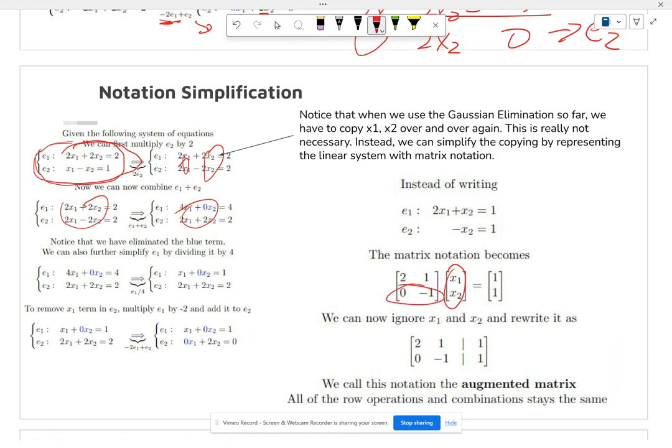Now, since we know x1 and x2 are always going to be here, we can just ignore them and write it in this format. And this format is called an augmented matrix. Therefore, instead of constantly copying, you can just multiply by 2, only the numbers, and don't really have to worry about it.